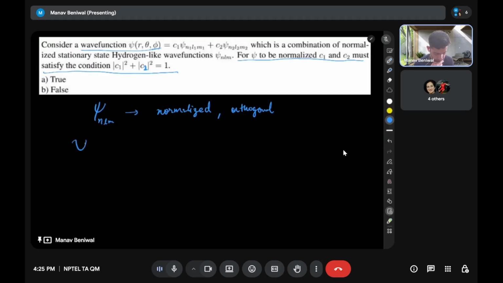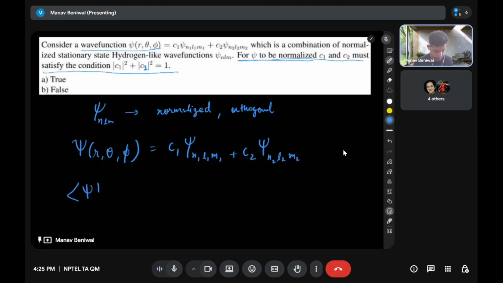So the wave function that we are given, psi, which is a function of r, theta and phi, is written as c1 psi n1 l1 m1 plus c2 psi n2 l2 m2. Okay, so if we want this to be normalized, they have given psi to be normalized. What is the normalization condition? That this thing equals 1.